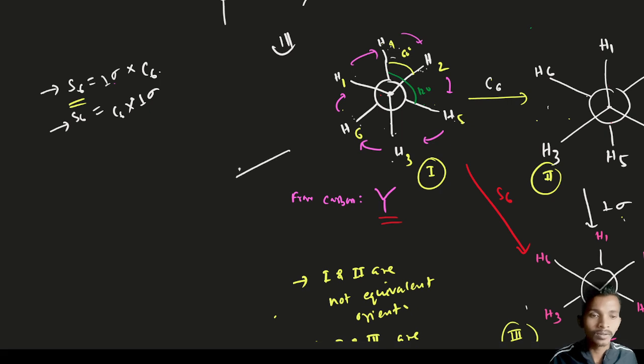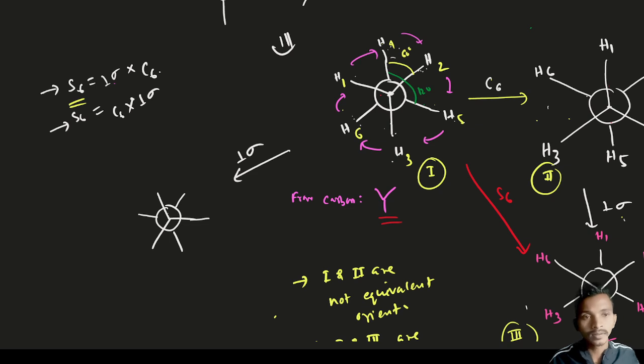The other way I am doing is that I will first apply sigma. If I apply the perpendicular sigma, then whatever is the inverted y, the straight y, will become front y. So the front carbon becomes the inverted y, and this becomes like this. Whatever is the backside y, means these circles, will become front y. So whatever is in the circle will become straight y.